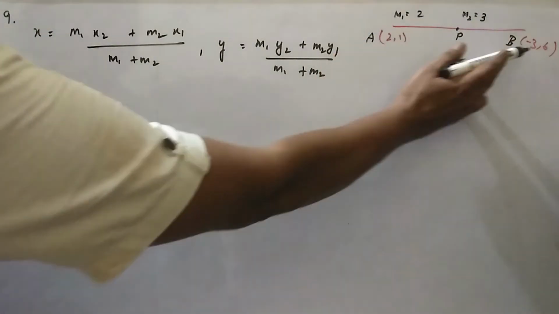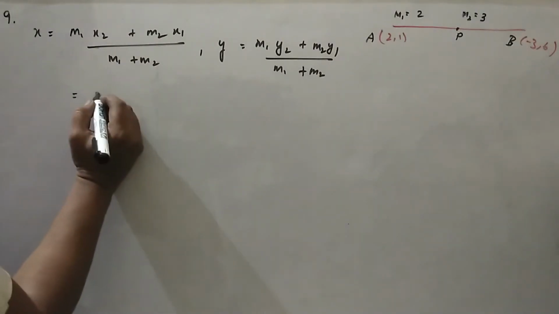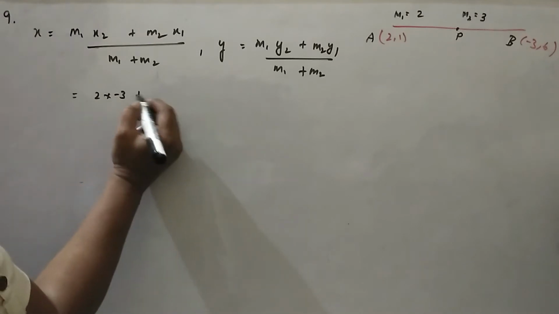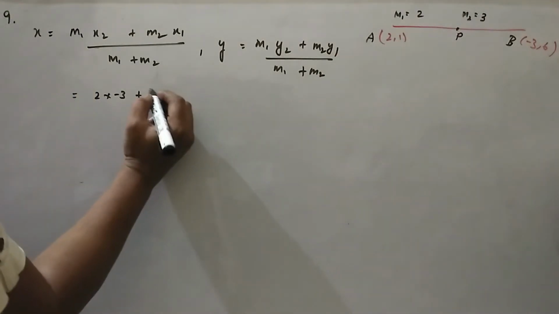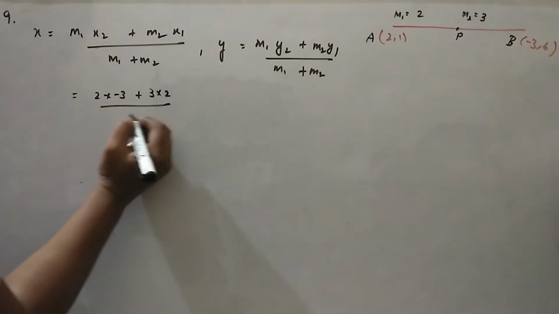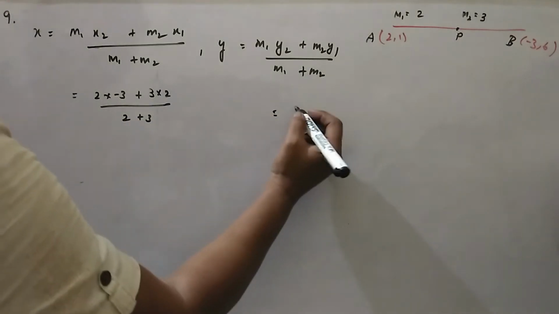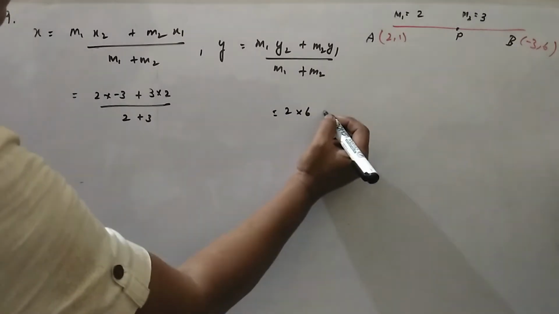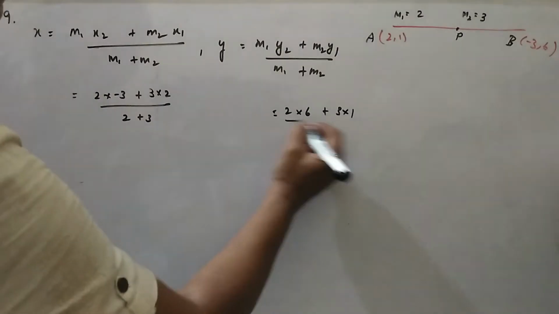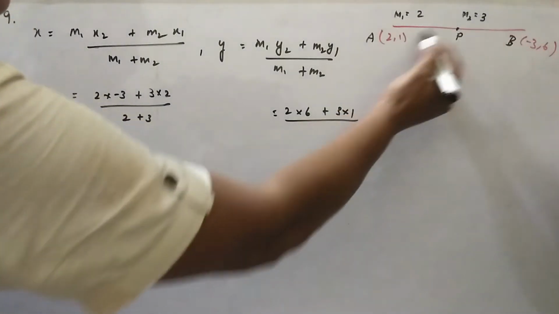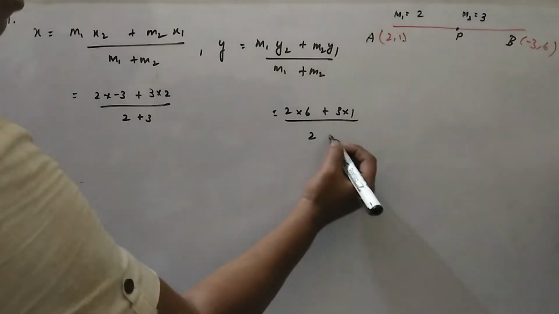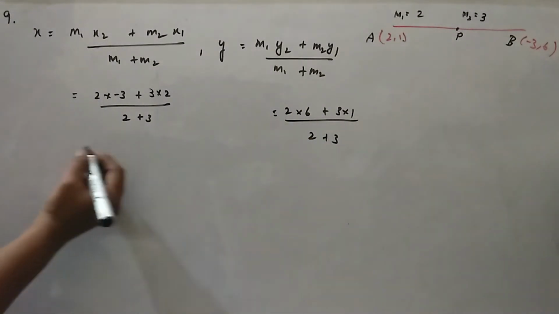Now 2 into minus 3 plus 3 into 2 upon 2 plus 3, and here you will write 2 into 6 plus 3 into 1 upon 2 plus 3.